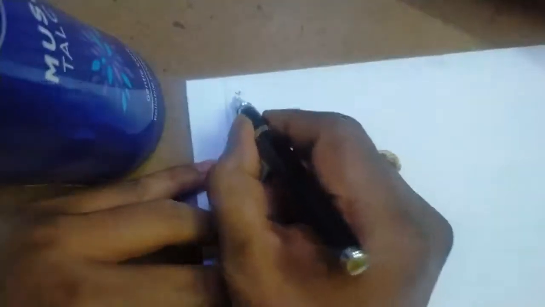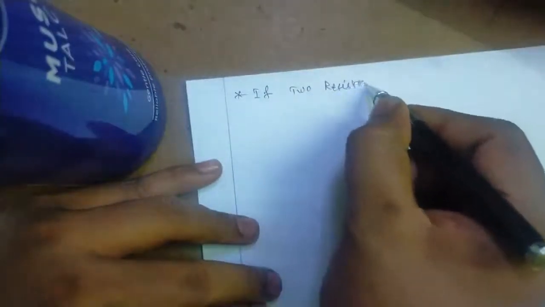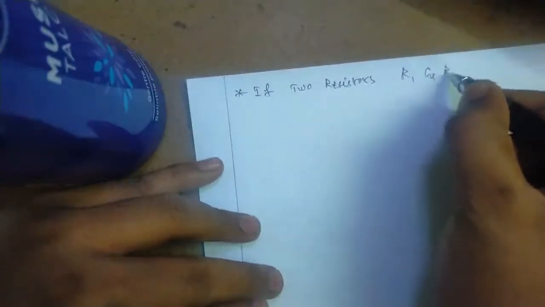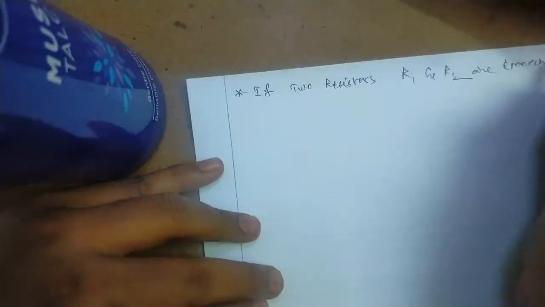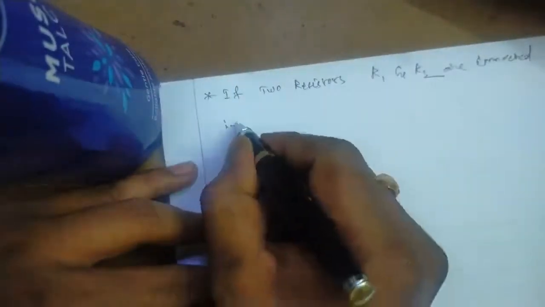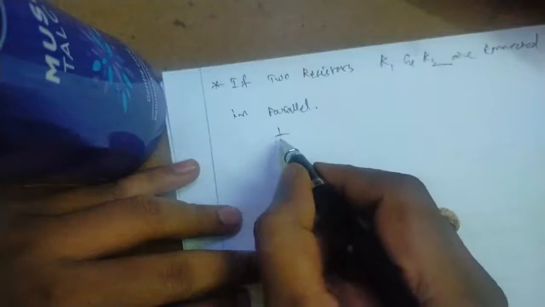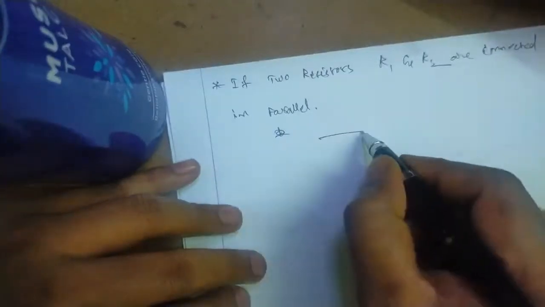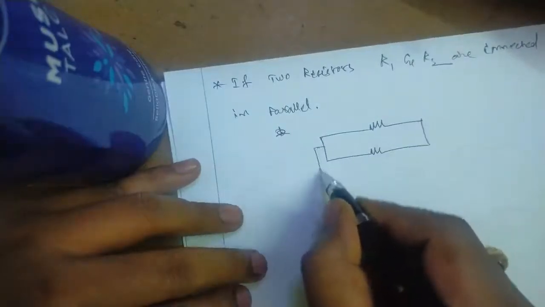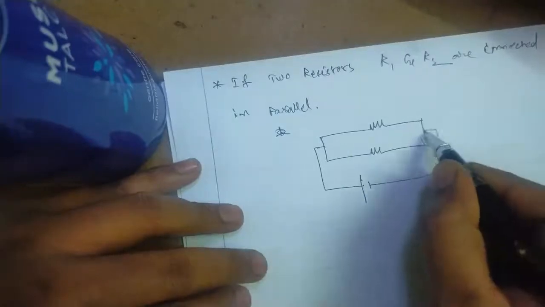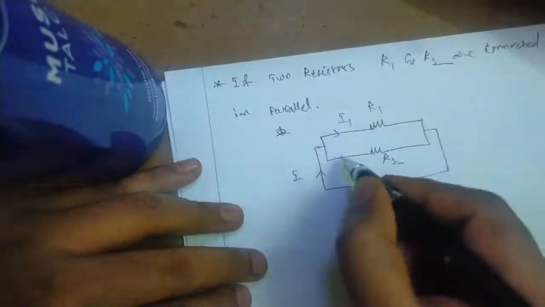Next, if two resistors, that is R1 and R2, are connected in parallel, in the sense, that is, see here, this is R1, R2, this is total current I, this is I1.